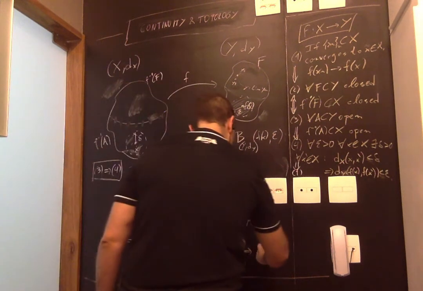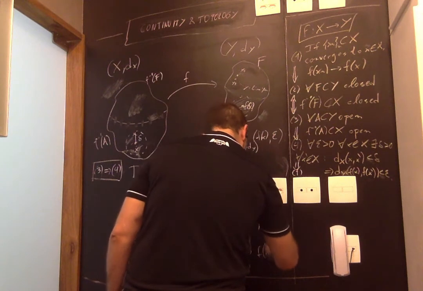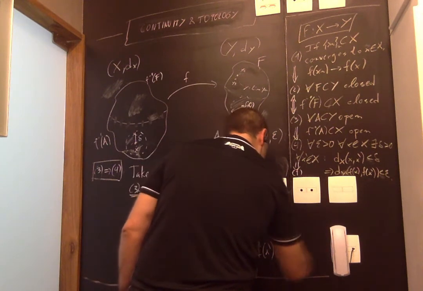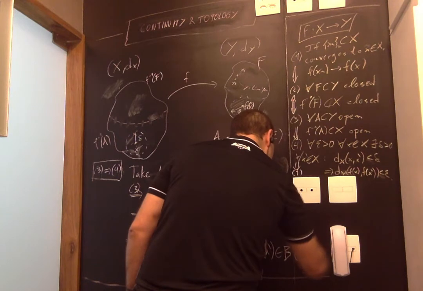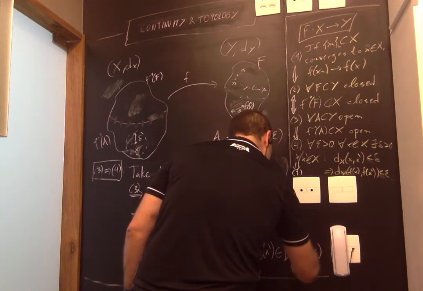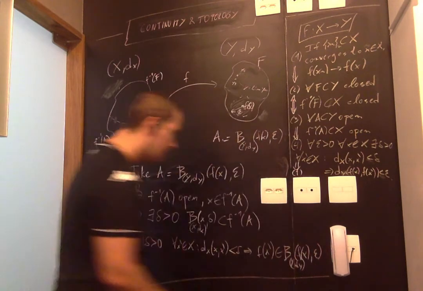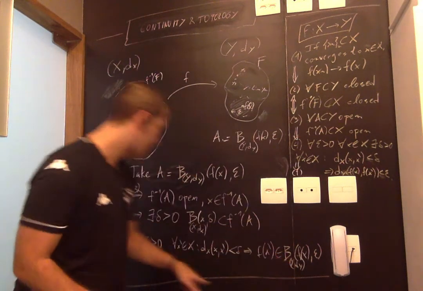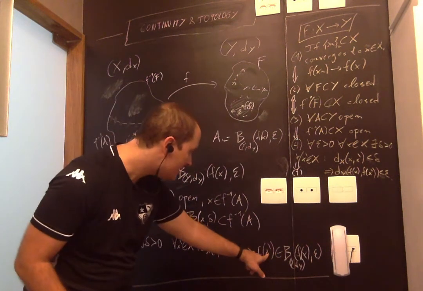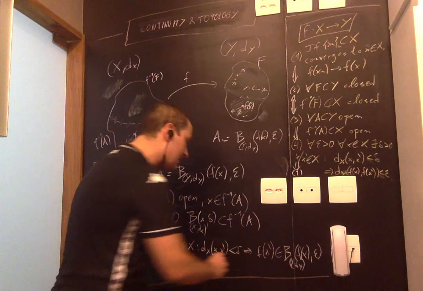What does that mean? It means that f of X prime belongs to the ball around f of X of radius epsilon in Y with metric d sub Y. But what does that mean? It means that the distance between f of X prime and f of X is less than epsilon.